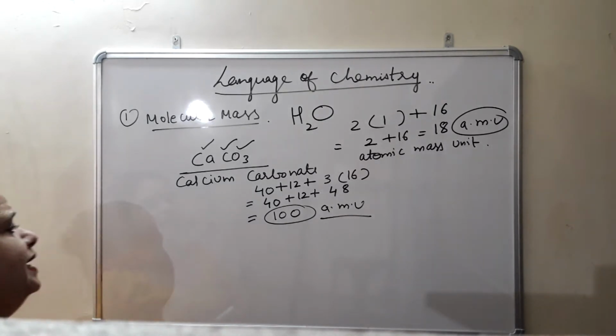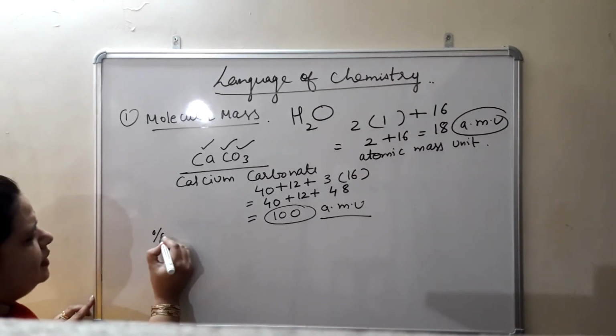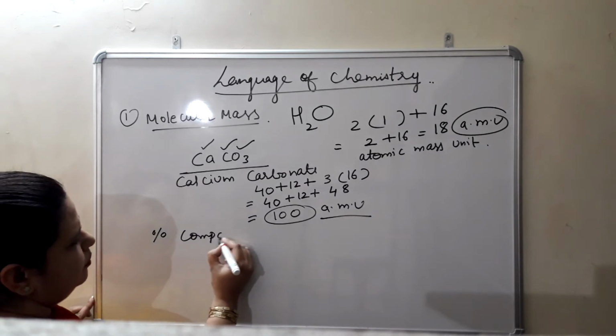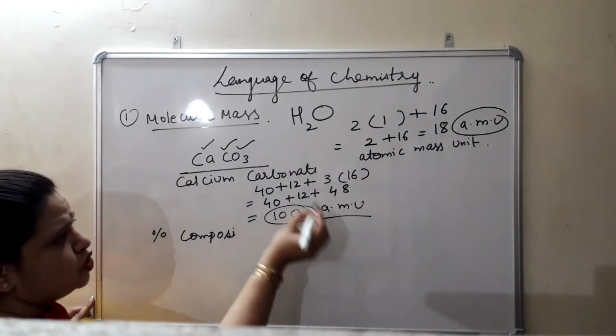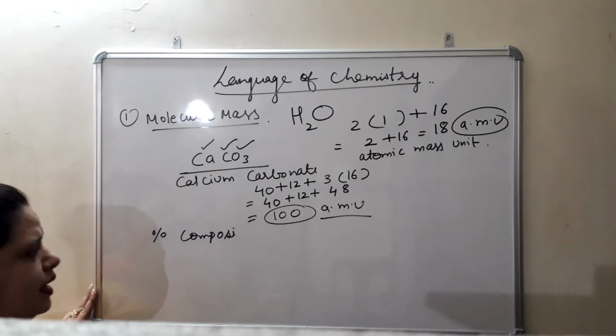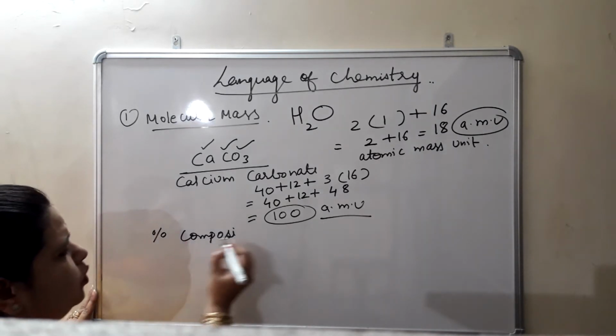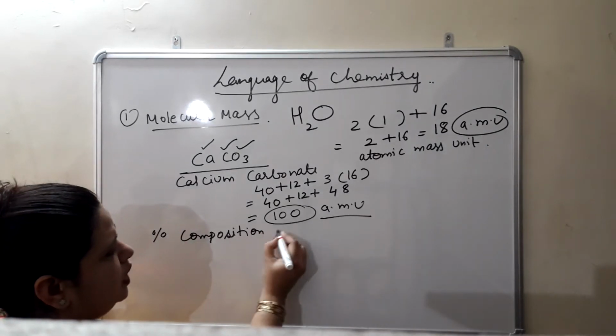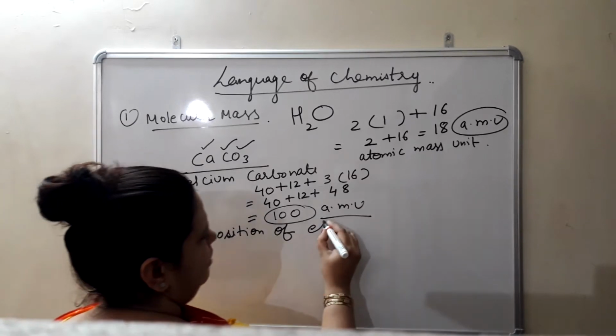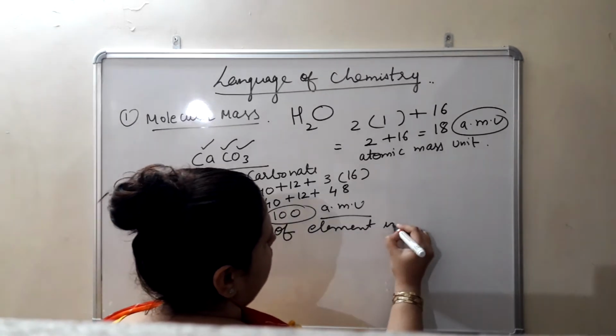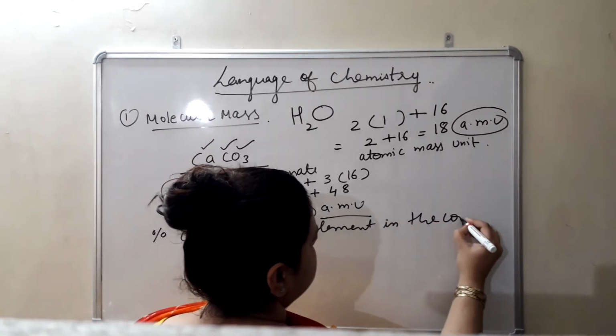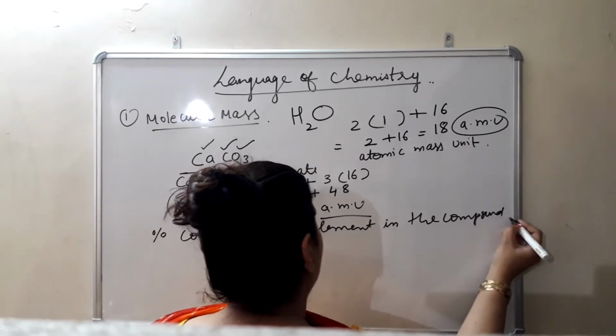Now the second is how to calculate the percentage composition. We have calculated the total mass. Second is how to calculate the percentage composition of an element in the compound. Very simple. What you have to do?